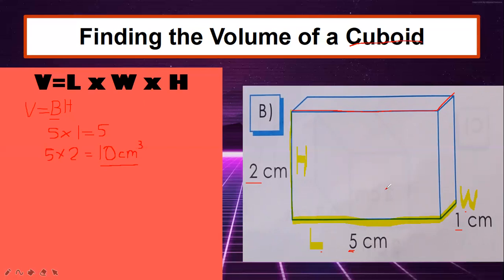If this shape is a cube, then that means length is 5, height is 5, and width is also 5. A cube has equal measurements. Sorry, not equal faces, equal measurements. There you go.